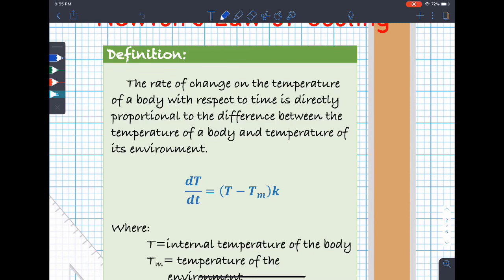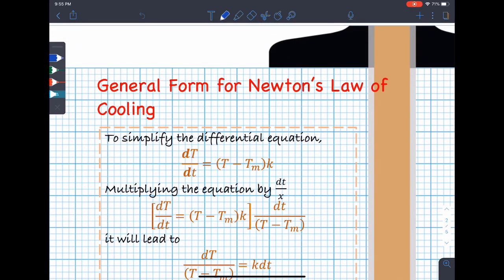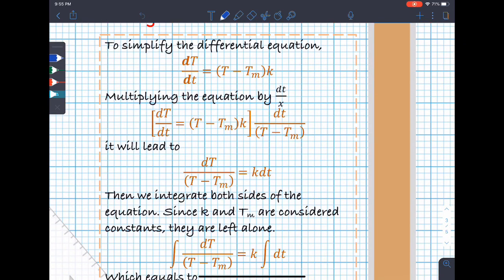And solving this given differential equation, we could use separable equations, similar to growth and decay. Multiplying dt over the difference of the temperatures, that will yield dT over T minus Tm equals k dt.